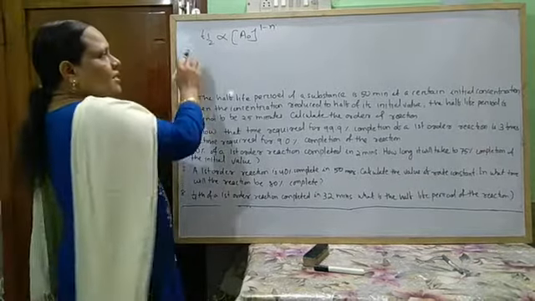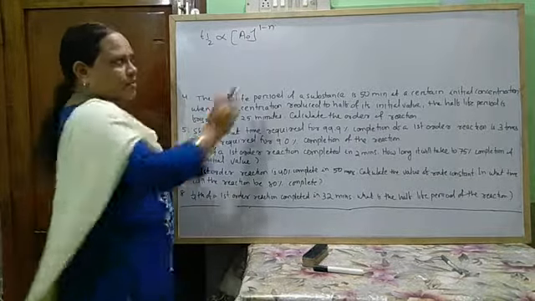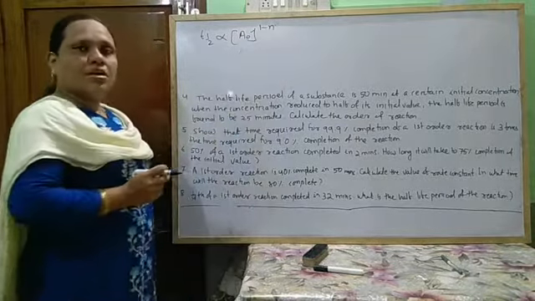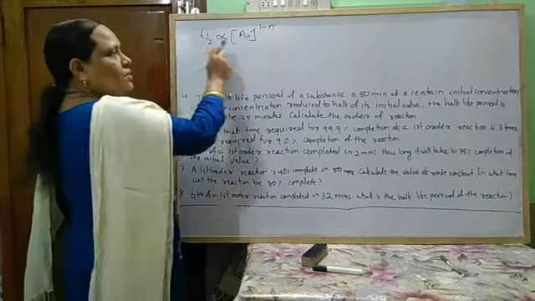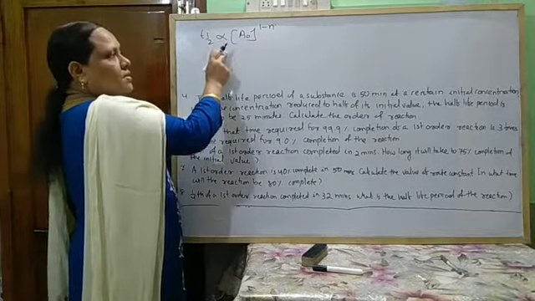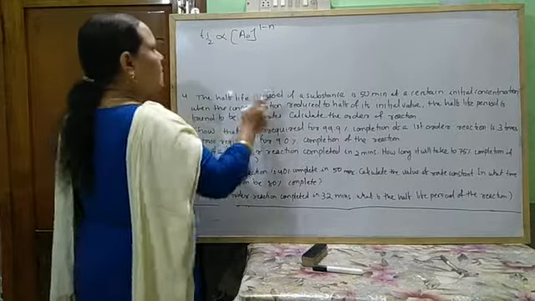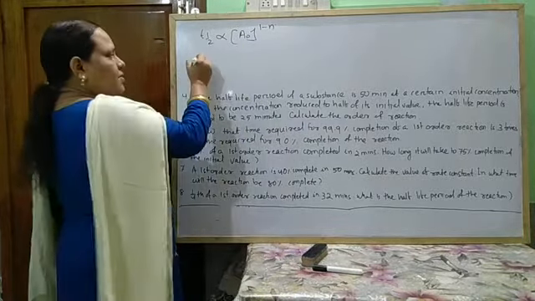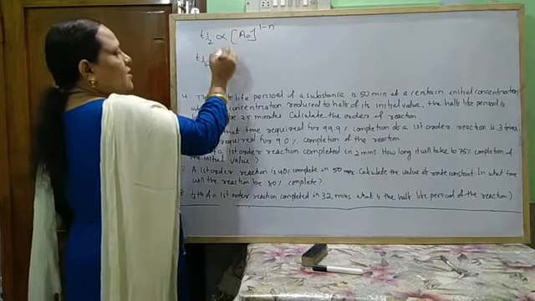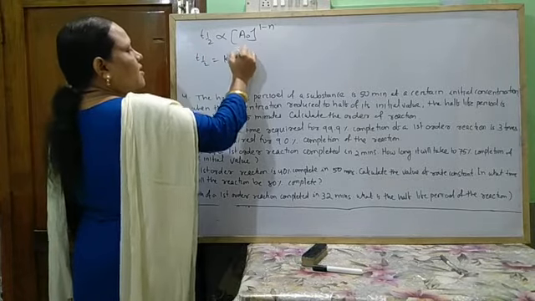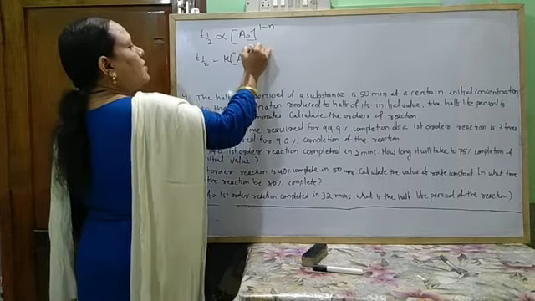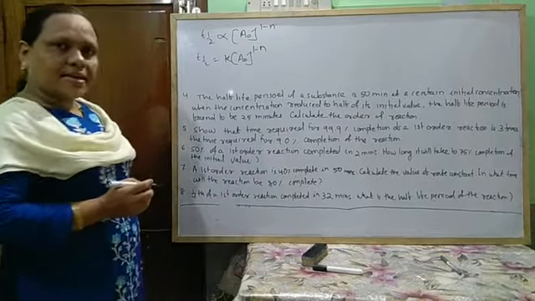This is the general equation for any order reaction, where n represents the order of reaction. You also have to remember this. As this is a particular reaction, its rate constant is a constant. So T half equals some constant times A naught to the power 1 minus n.